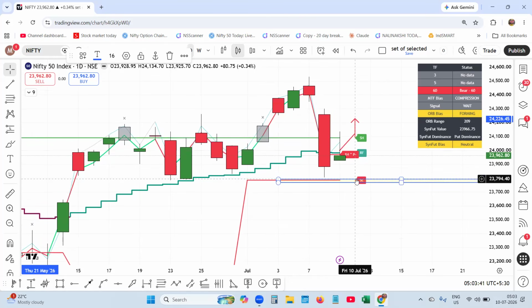Suppose if it starts breaking below 23,794, it may trigger bearish sentiment, continuation of the bearish sentiment. Today we need to see. Usually the market makers push the market down on Fridays itself. Friday is a very tricky day. You need to be very careful.